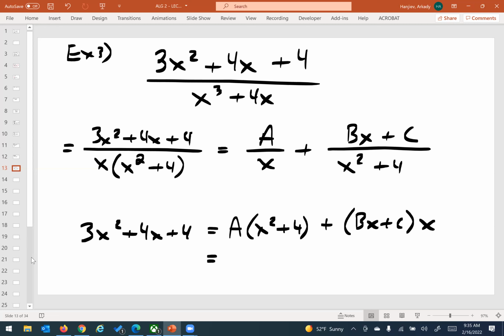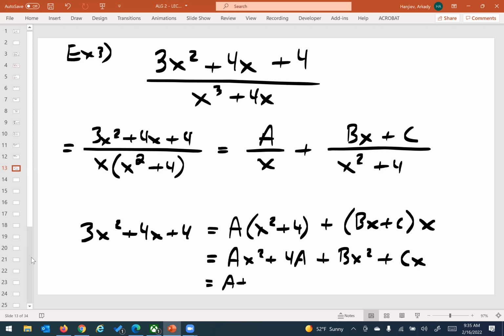So this one, a little bit different here. Let's put our x squareds together if there are any. We're going to put our x's together and then we're going to put our units together. So this is ax squared plus 4a. Oh, look at that, there's actually an x squared here, bx squared plus cx. So here's what we're going to do. We're going to put all our x squareds together.